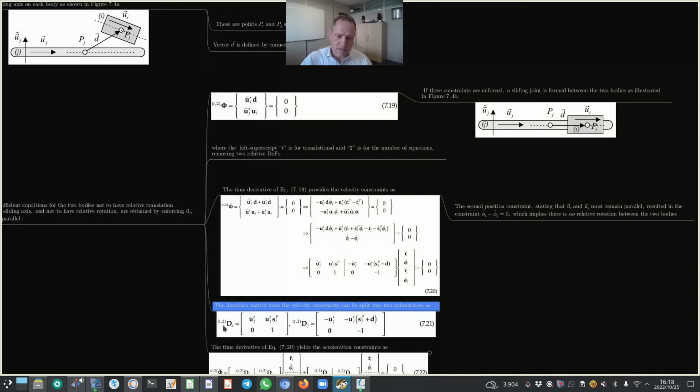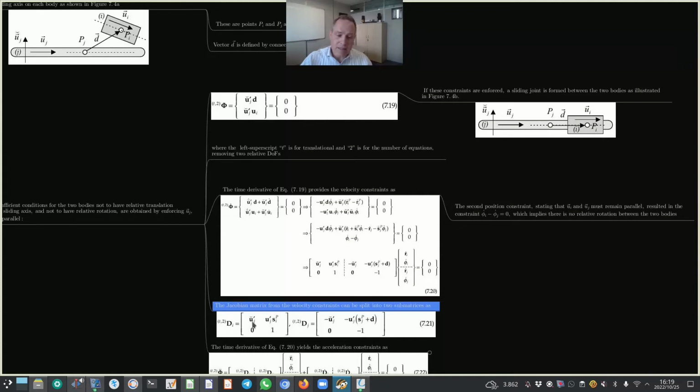So the translational joint Jacobian submatrix on body I is shown here on the left of equation 721.